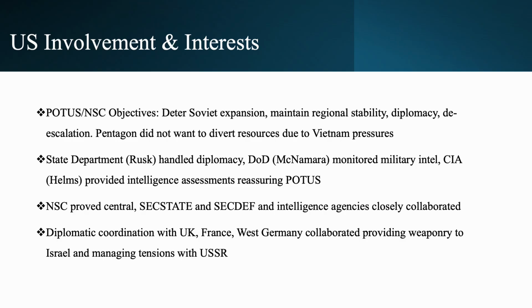While interagency coordination was managed through the NSC, attention and resources were limited, largely due to the ongoing Vietnam War. In terms of allies, the United States coordinated with the UK, France, and West Germany, providing weaponry to Israel and managing tensions with the Soviet Union.